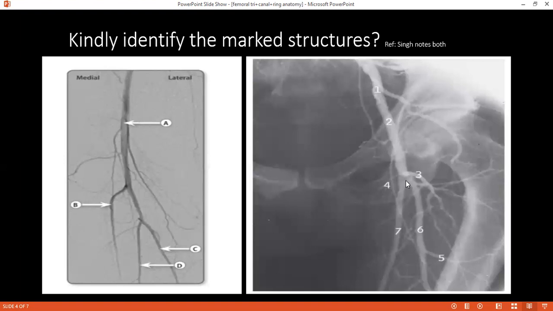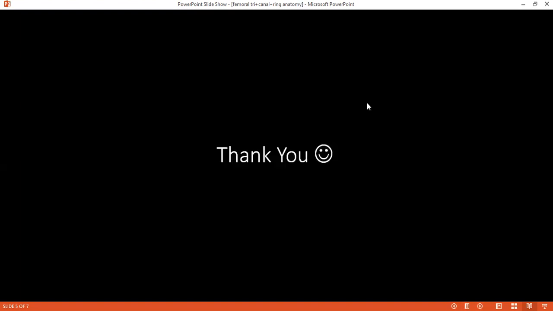The femoral artery divides into the superficial femoral and the profunda femoris artery. Okay. If you can identify 7, 6, and 5. Sorry, ma'am. Okay, we'll come back to that later. Okay, good. Thank you.